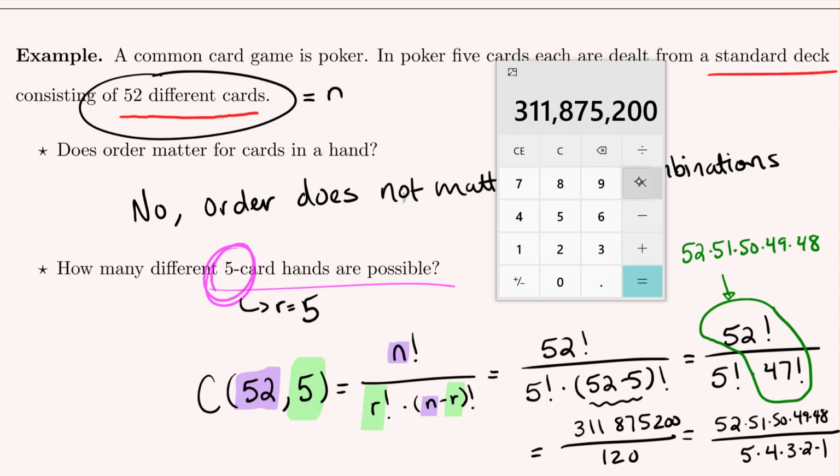I'll divide those. And we get 2,598,960. So if I'm dealing from a 52 card deck and I'm dealing 5 cards, there's 2,598,960 different ways I could deal a 5 card hand from those 52 cards.